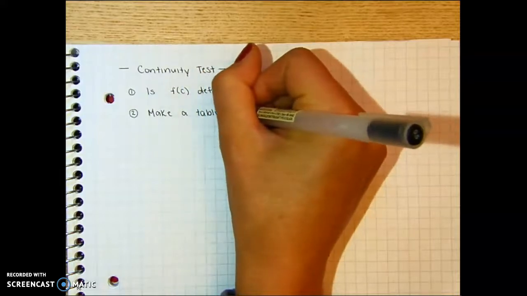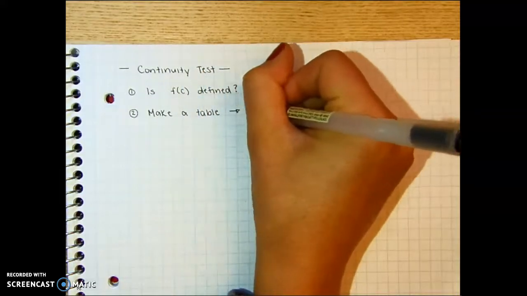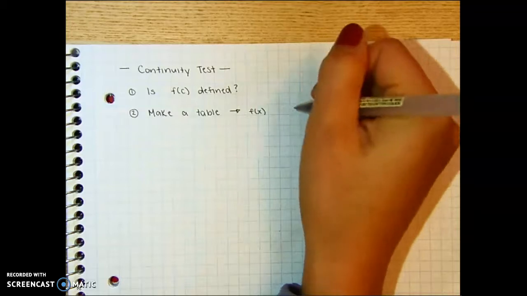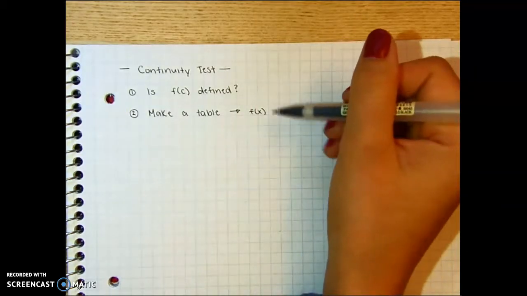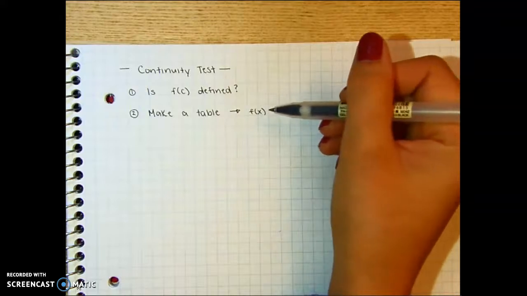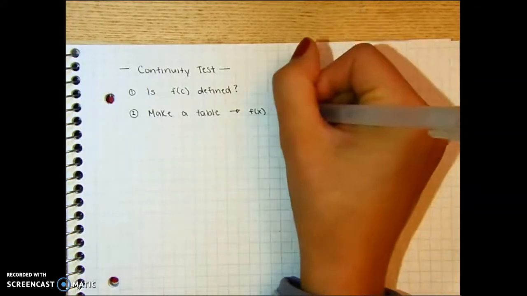For our table, we're basically trying to figure out, does the function approach the same value from either side?